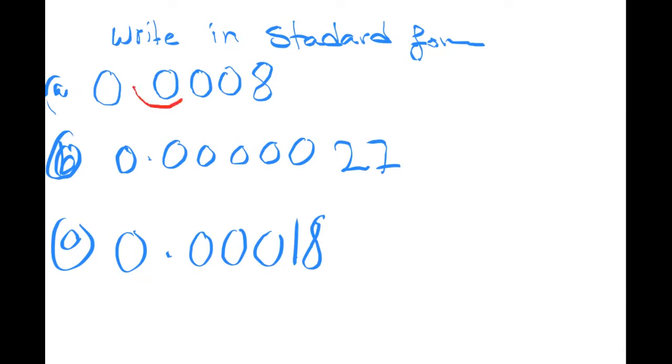So if I move it here, it's still 0.008, it's smaller than 1. And here it's 0.08, smaller than 1. And here it becomes 0.8, so it's smaller than 1 as well. So I have to move it here to make it 8, right? So my number is 8 times, how many digits I repeated?